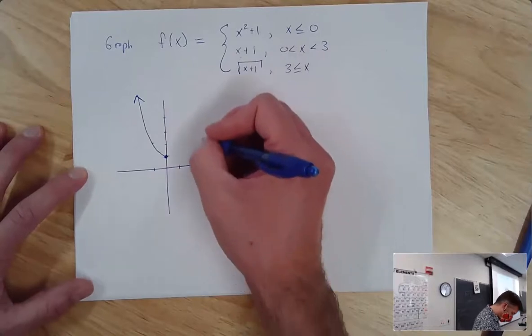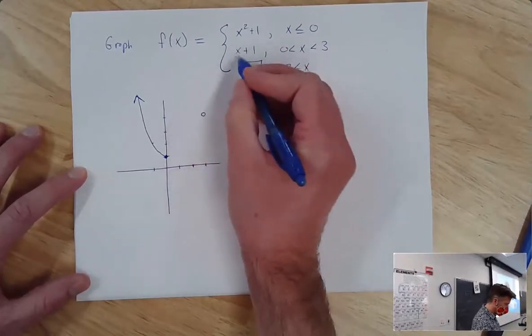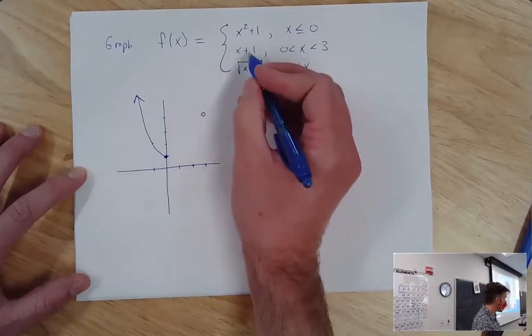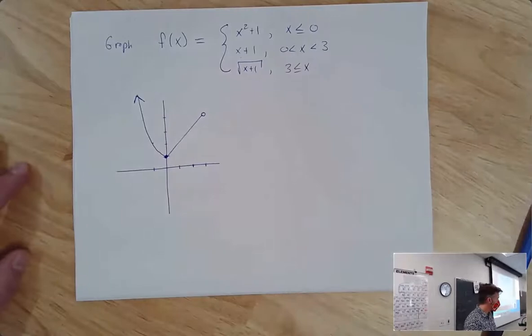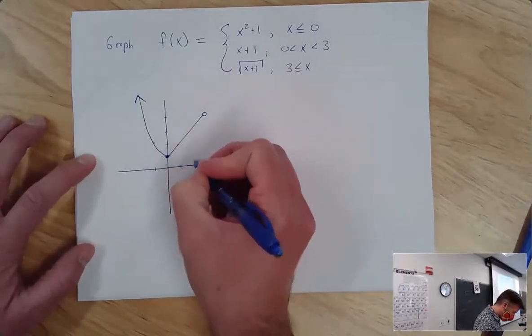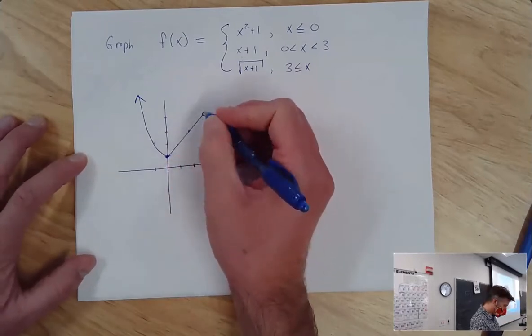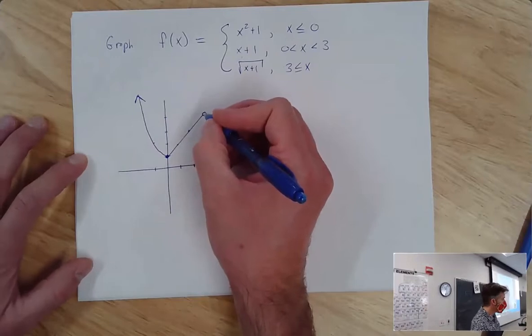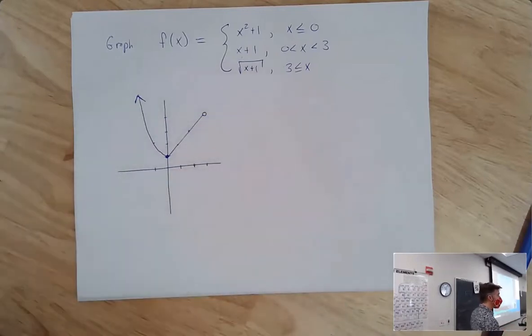Now I don't actually get that point because x doesn't actually get to be 3 for this piece of the piecewise function. So it's going to look like that. I have the point 0, 1 and 1, 2 and 2, 3 and almost 3, 4. I have the point like 2.9, 3.9 and 2.99 and 3.99. Right, there's a lot of points that are close to 3, 4, but I don't actually have the point 3, 4.